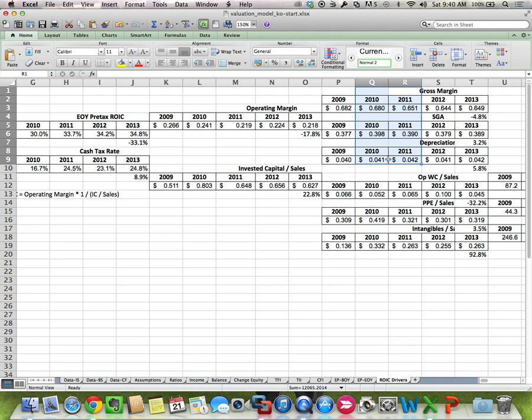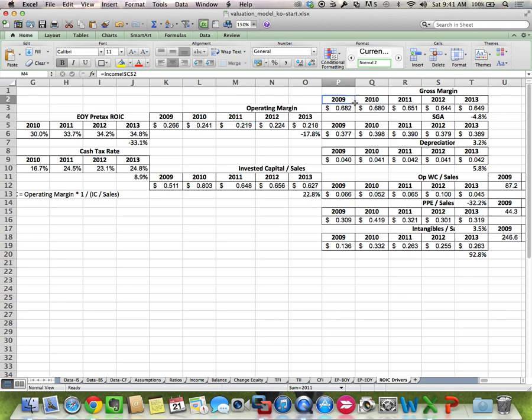There are three things off the income statement that matter: gross margin, which is the gross profit divided by revenue; operating expenses, which are called selling, general, administrative expenses; and non-cash expenses, depreciation, amortization. So here's the point. Gross margin minus SG&A minus depreciation equals operating margin. So these three things determine the operating margin.